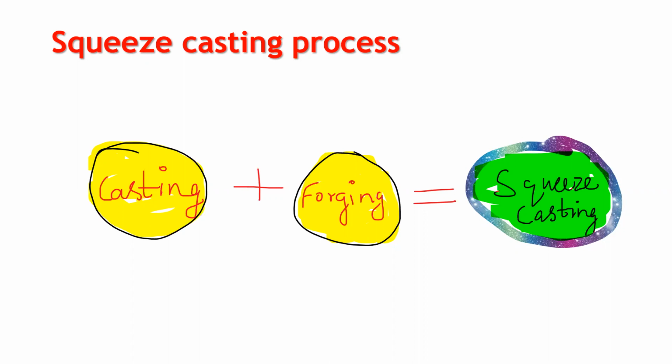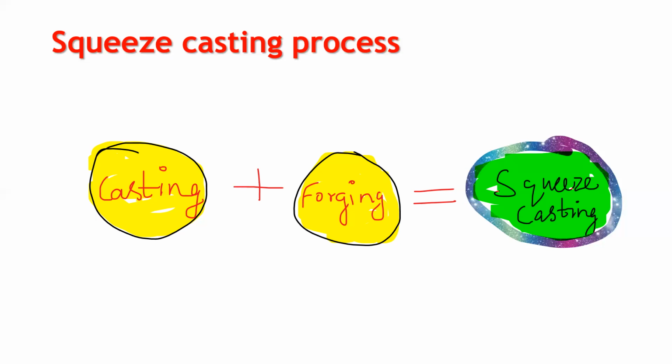So in the casting process, normally what we do is we melt the metal, then we pour the molten metal into the die cavity. Once solidification is done, the component is taken out by breaking the mold in the case of sand casting, or it is separated from the die with the help of an ejector pin in the case of permanent mold casting.